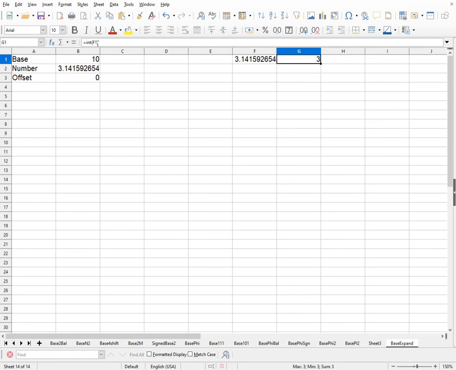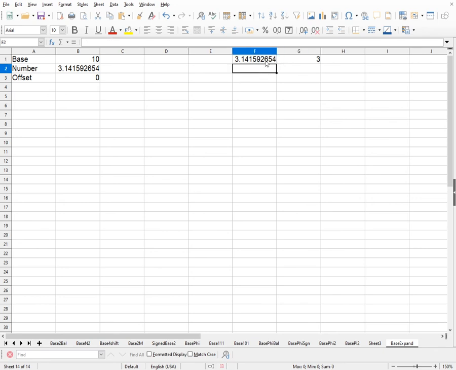To allow for that, I'm just going to put in a very small adjustment there. So plus 0.000000001. That should account for rounding errors without actually changing this number here. So that's the first digit.